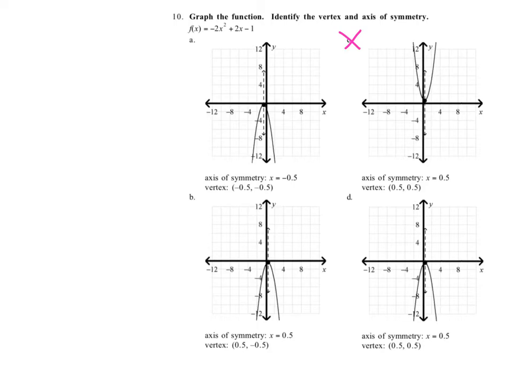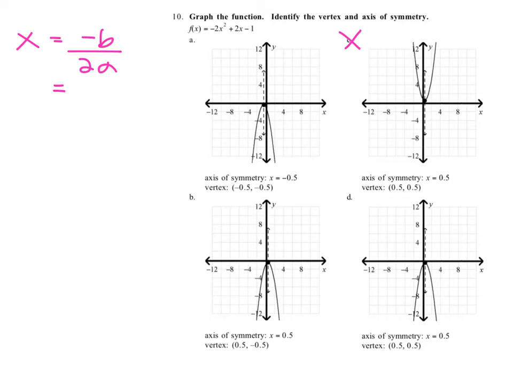So now what we can do is take what we know to be the equation for the axis of symmetry, and plug it in. That equation is x equals negative b over 2a. Okay?